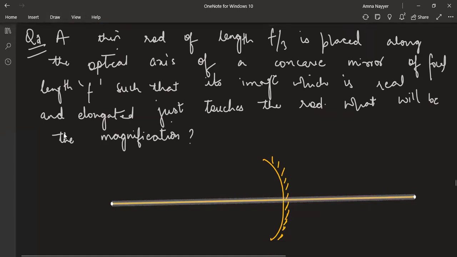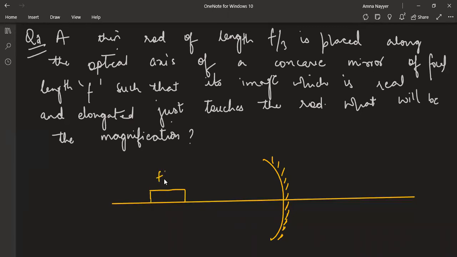All right. And then a thin rod of length f/3 is placed along the optical axis. See, this is like, let's say, this is the rod that is kept. The length of the rod is f/3. All right. Let's say this is the center of curvature. This is a point.